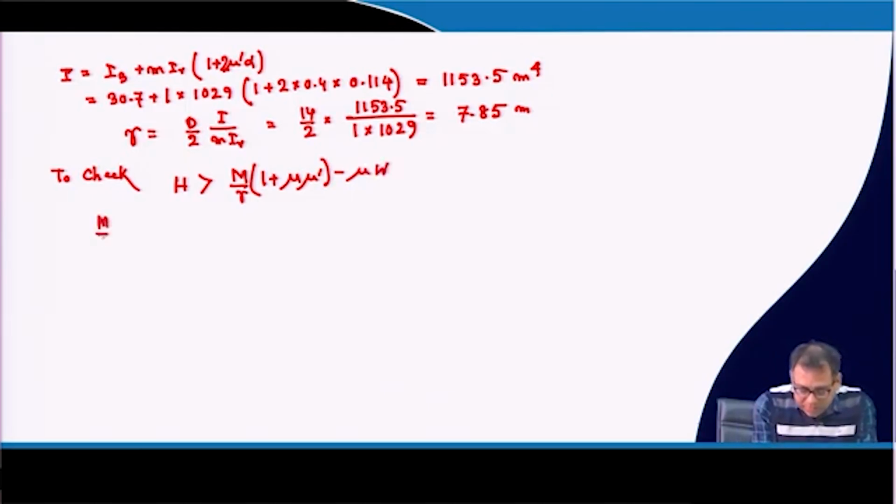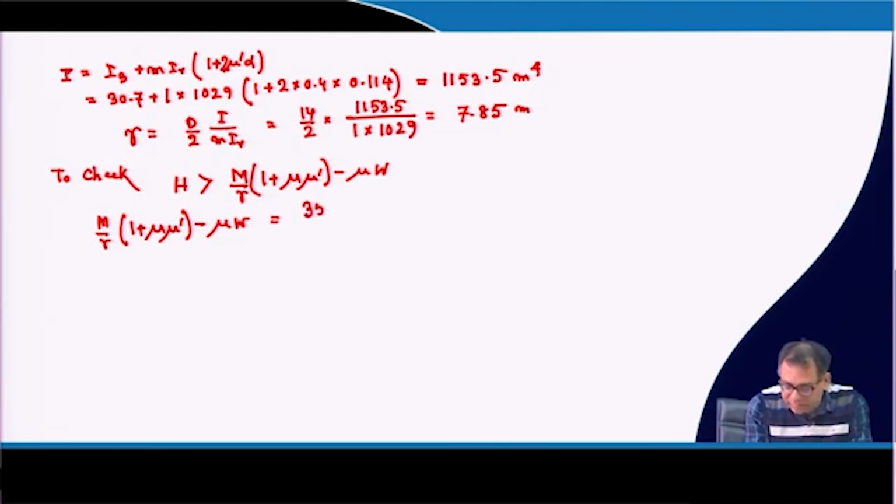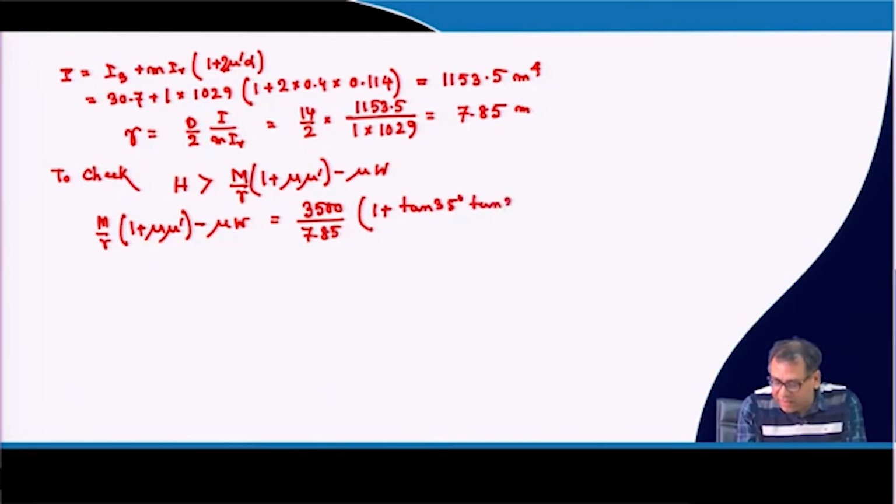So, now M by r (1 + mu dash) − mu W, that is equal to: M is 3500, the applied moment, and r is 7.85. 1 plus mu dash, where mu is tan phi, tan 35 degree, and that is tan 20 degree, or directly you can write 0.4 also.